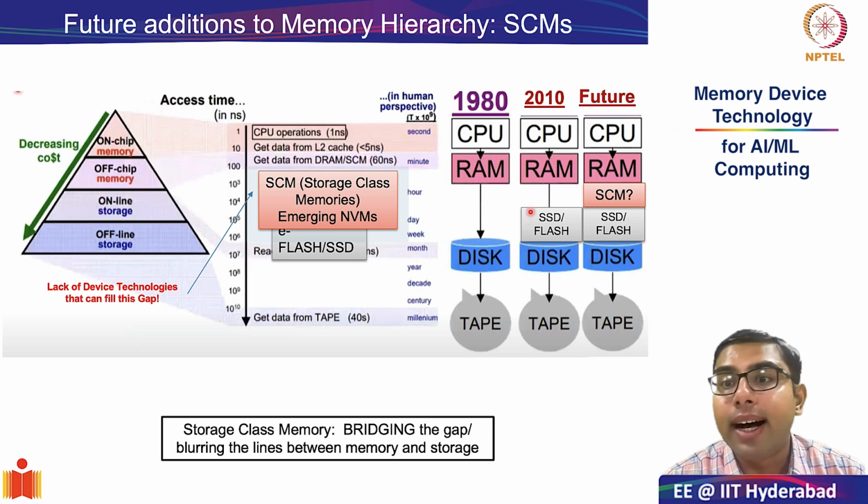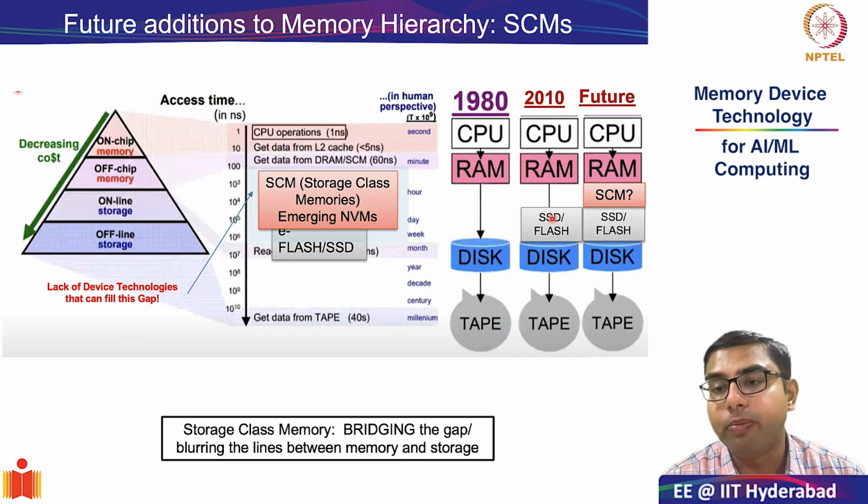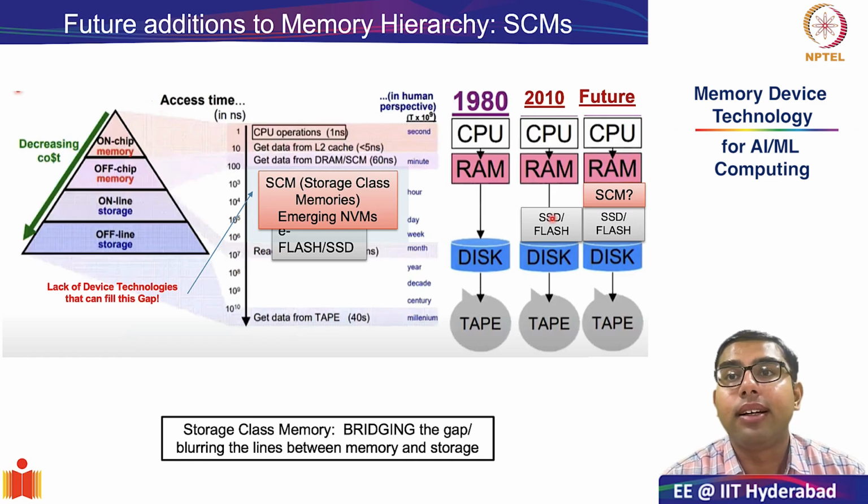Nonetheless, there still exists a big gap between your main memory consisting of DRAMs and your SSD, which consists of flashes. Therefore, people are trying to look at storage class memories which can blur the lines or blur the functionality between main memory and main storage.